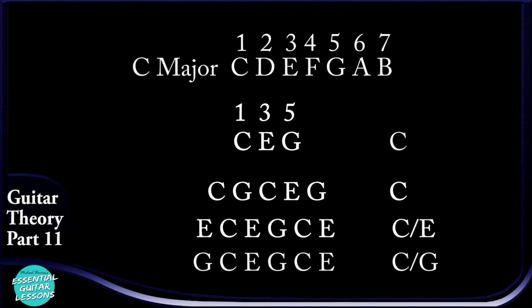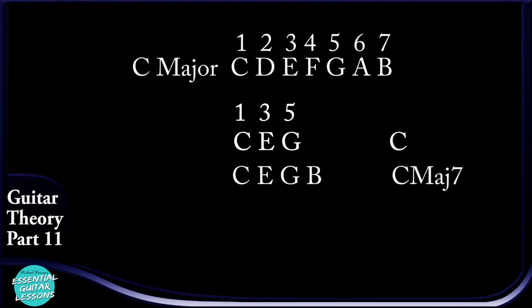Now if we had more notes, say we had C, E, G and B, we no longer call it C, it would be called a C major 7, not C or C major. If I had C, D, E, G, we have added in a note, so we don't call it C, it would now be called a C add 9 chord.